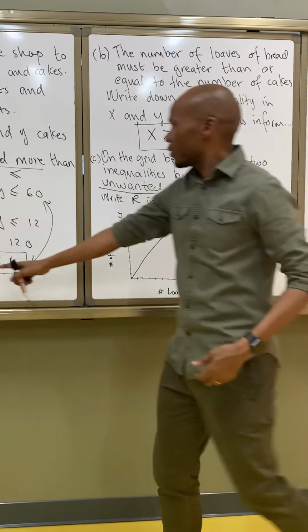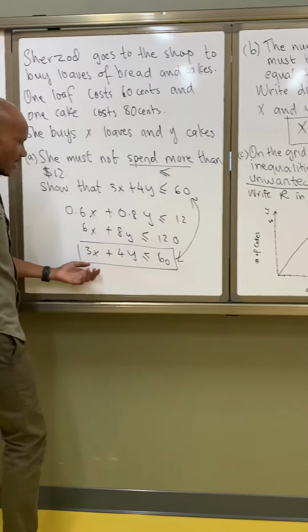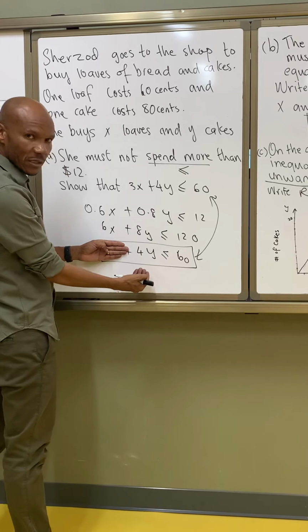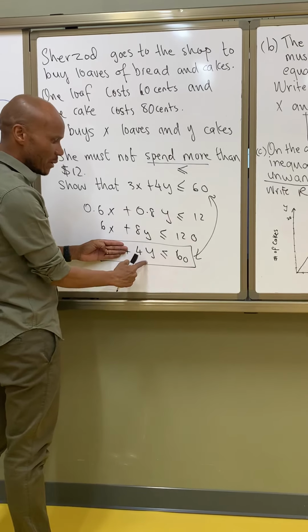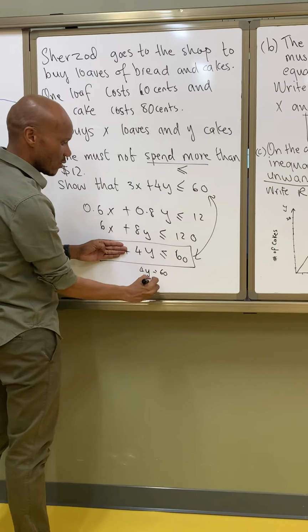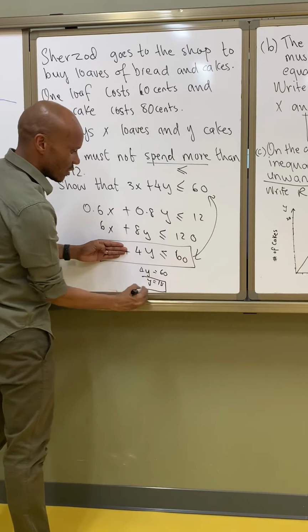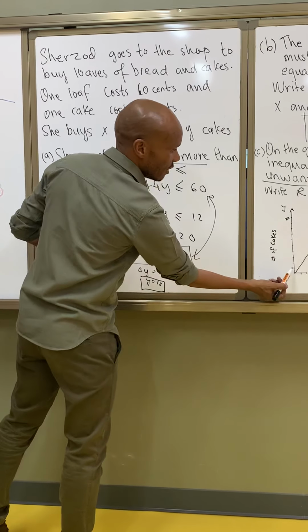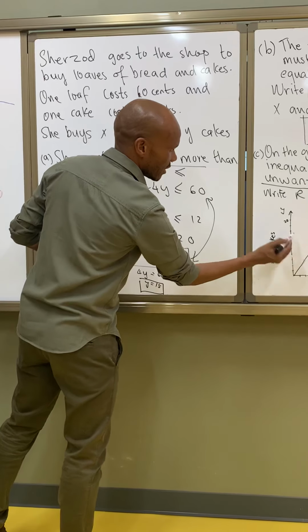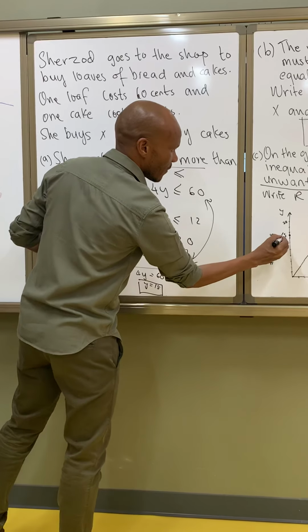And let's look at this one now. If you want to find the y-intercept, 4y is equal to 60, y is equal to 15. So the y-intercept is 15: 2, 4, 6, 8, 10, 12, 14, 16, so 15 is somewhere there.